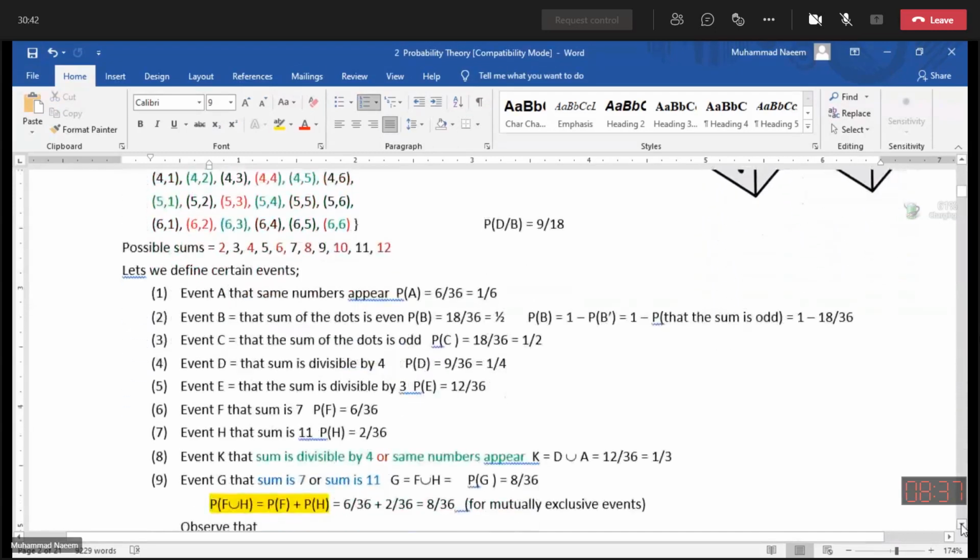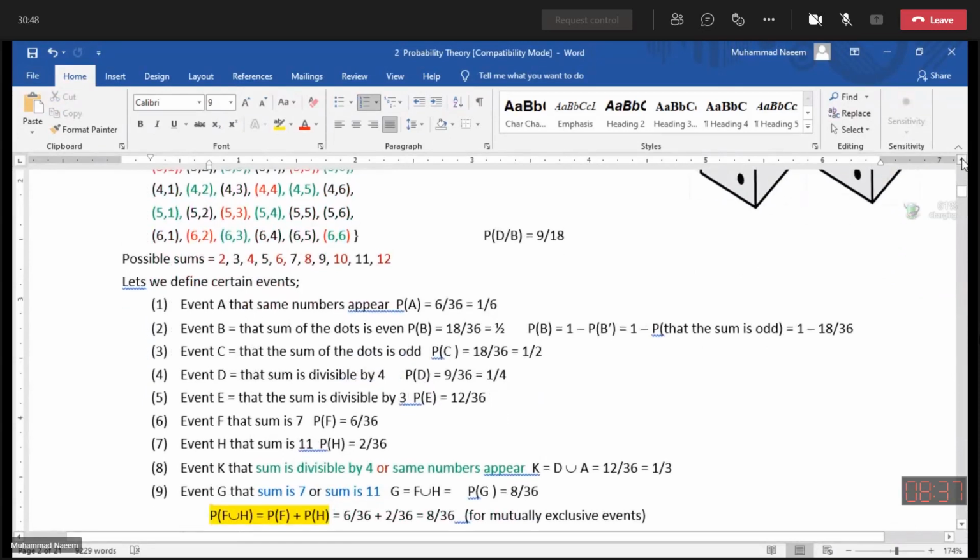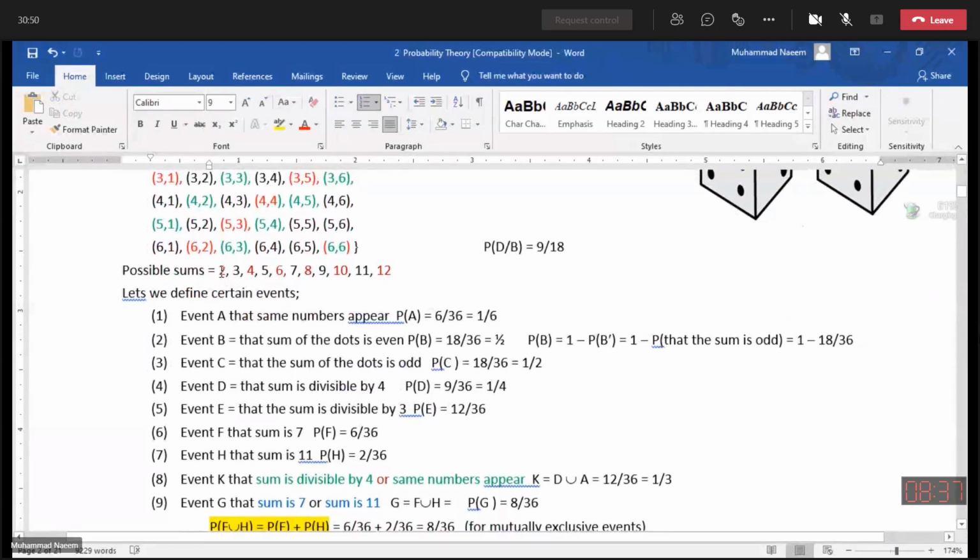Now consider an event that the sum is divisible by 3. Again, look at these possible sums. Sum 3 is divisible by 3, sum 6 is divisible by 3, sum 9 is divisible by 3, and sum 12 is divisible by 3.